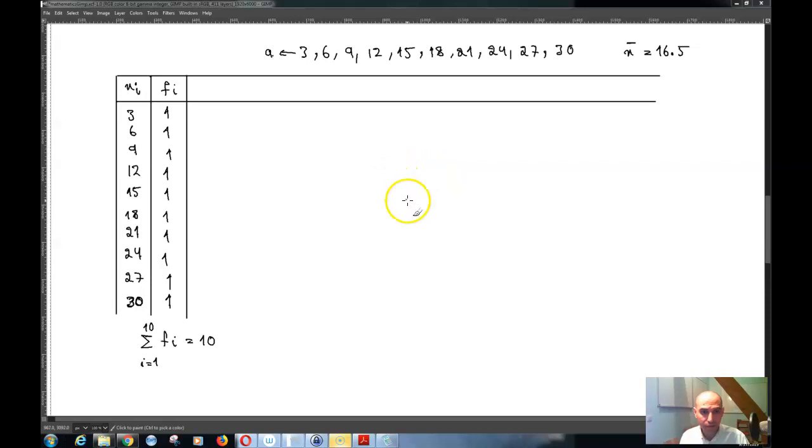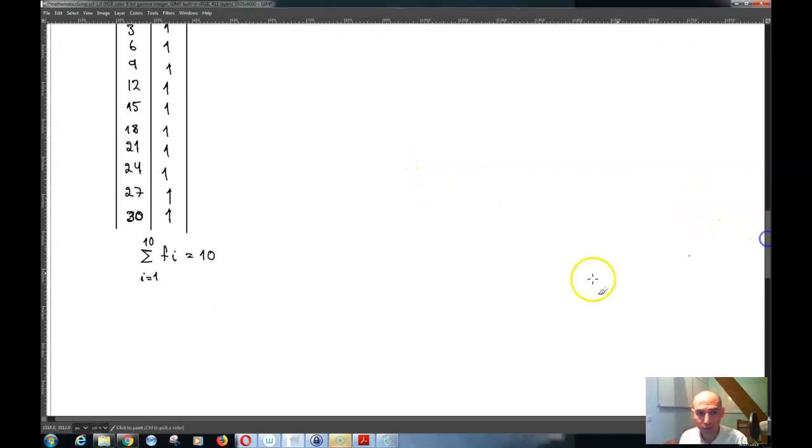The variance, denoted by sigma squared, sigma squared is equal to 1 over n times sigma of f of i times x of i minus x bar, whole squared, as i goes from 1 to n. That is your variance.